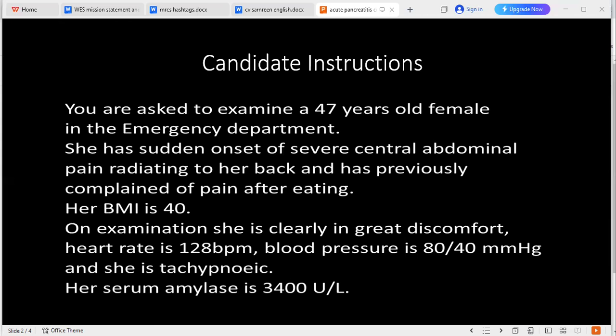There might be a peptic ulcer perforation, or other hollow viscus perforation like intestinal perforation. Other possibilities are acute cholecystitis, ascending cholangitis, etc. Even a pancreatic cyst.